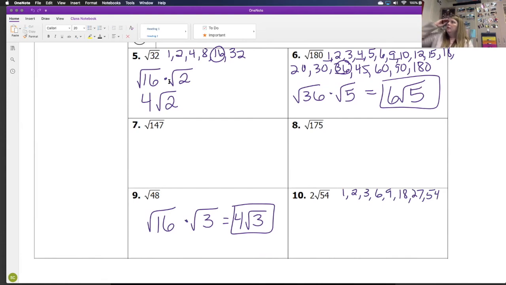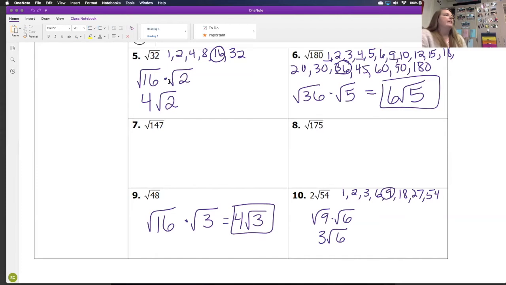I think that's it. The largest perfect square that goes into 54 is 9. So we would have the square root of 9 times, what times 9 gives us 54? 6. So we would end up with 3 square root of 6.